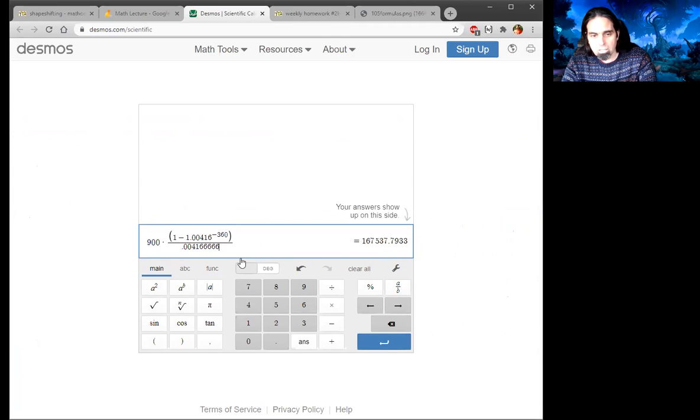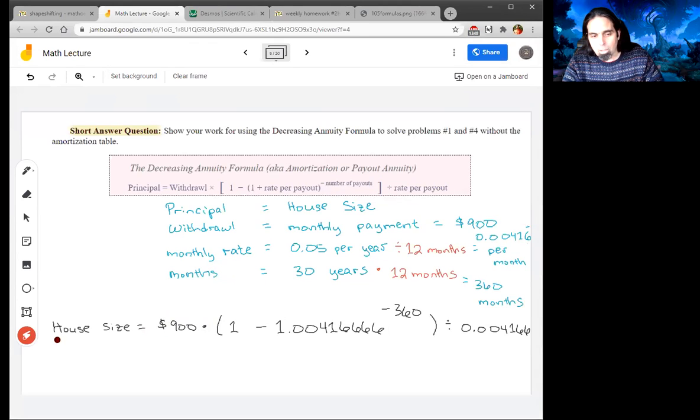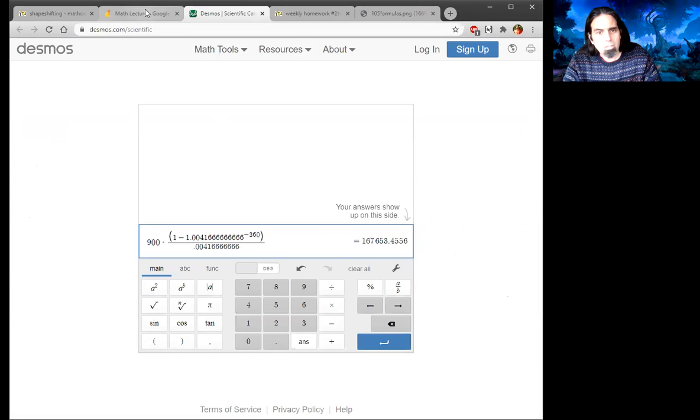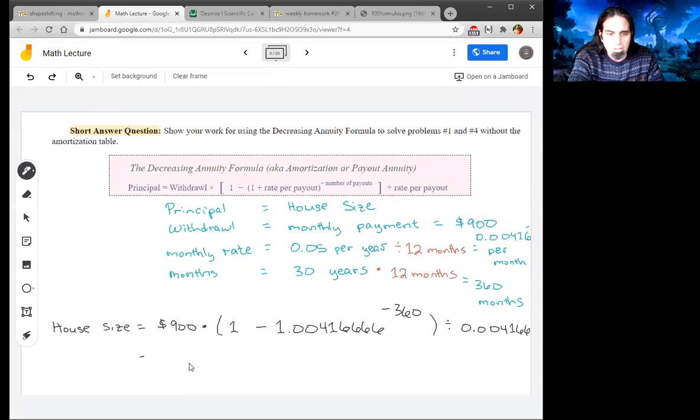So put in lots of sixes when you have a repeating decimal. Okay, anyway. If you're having trouble getting this, then 167,653.